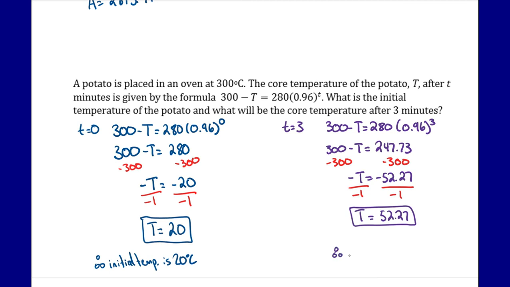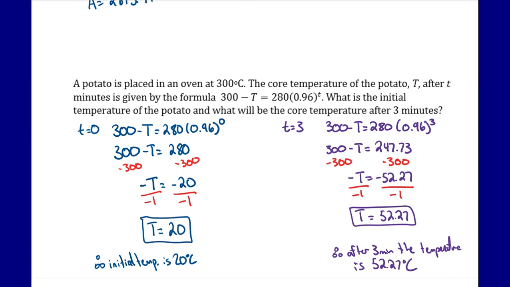So therefore, after 3 minutes, the temperature is 52.27 degrees Celsius. And so again, just the idea of plugging values in.